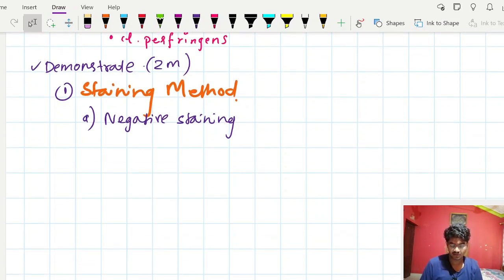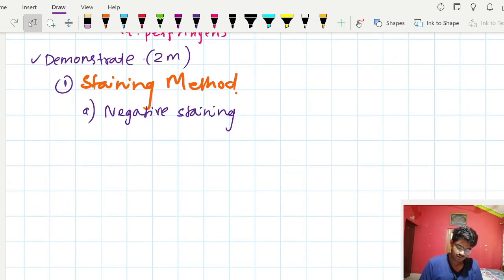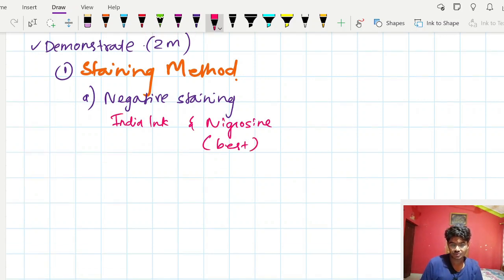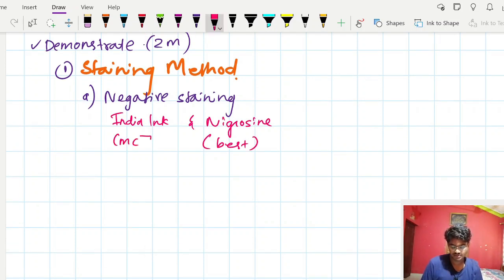That is called a halo appearance. The important negative stains are India ink and nigrosin. Nigrosin is the best, but it is so costly, so we most commonly use India ink.